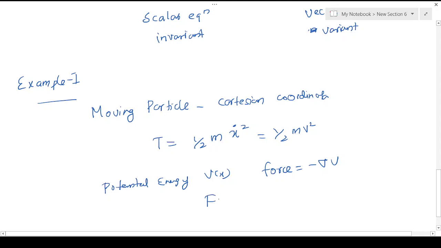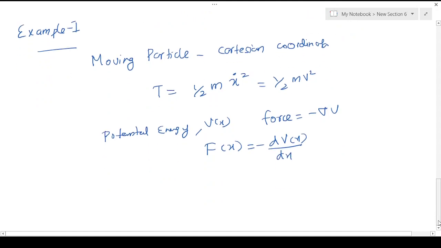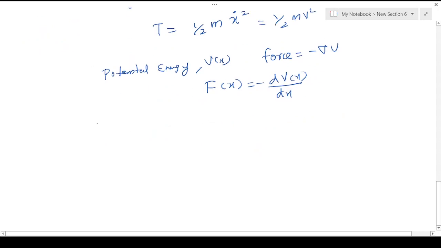So the force, where V of x is the potential energy, is equal to minus dV of x divided by dx, I can write it as. Why do I write like that? Because we already have the equation which we call d by dt of dou L by dou x dot.